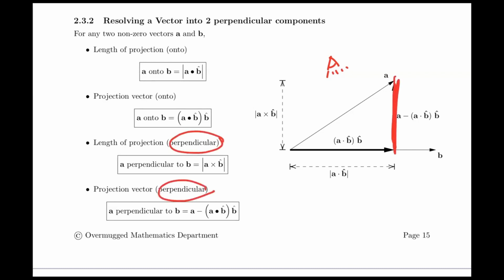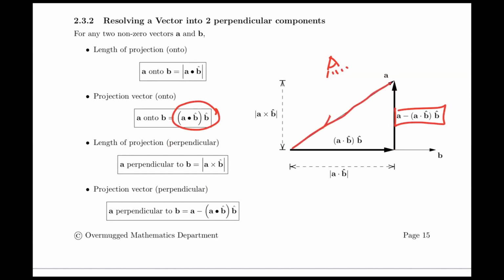This is the wall. What I would do personally is just to memorize one of them. You don't need to memorize all four. What's the reason why? Just watch. Just memorize this: A dot B cap, B cap. Yeah, A dot B cap, B cap, correct. But you need to remember, how do you find this vector here? Just travel from here to here. It's this long.